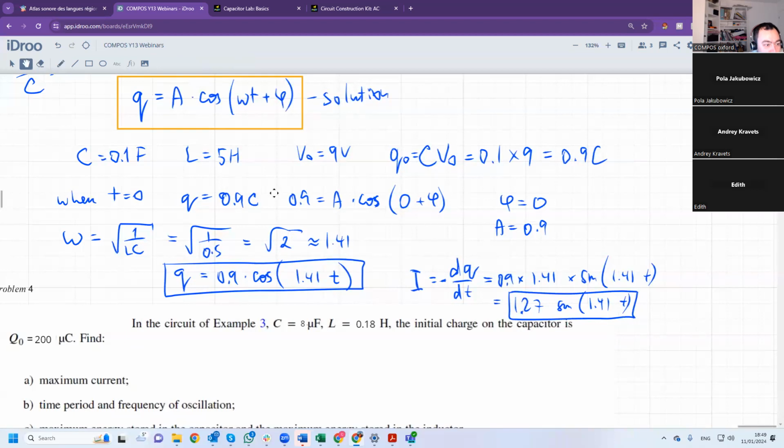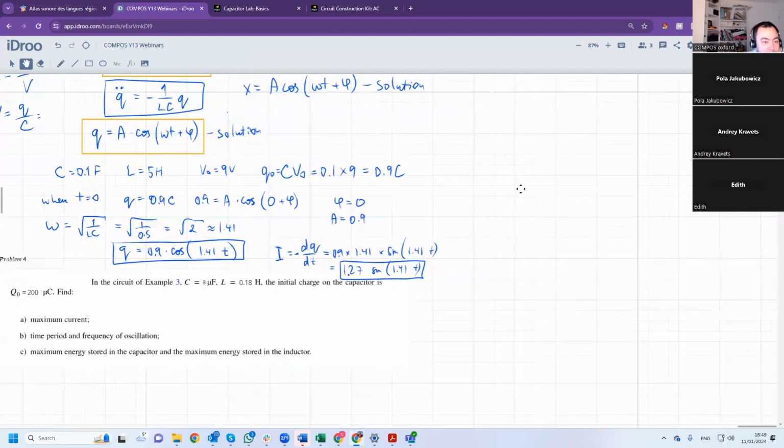And omega is 1.41. So we need the time period. The time period T is equal to 2 pi divided by omega. That's the formula.